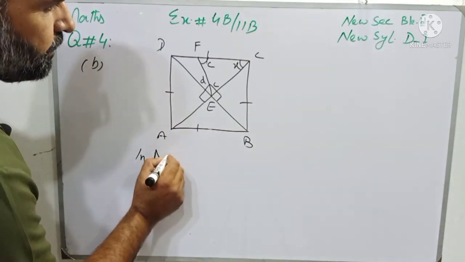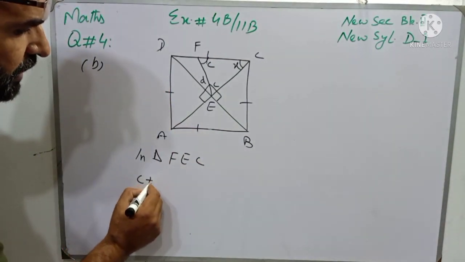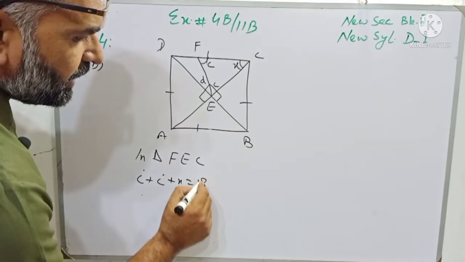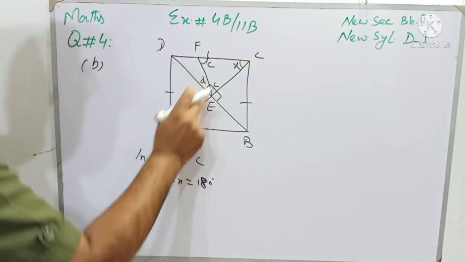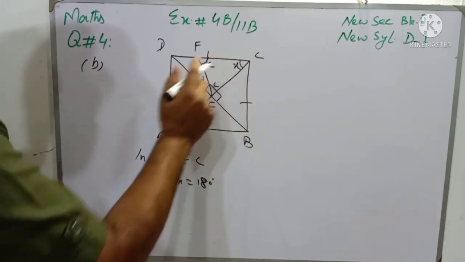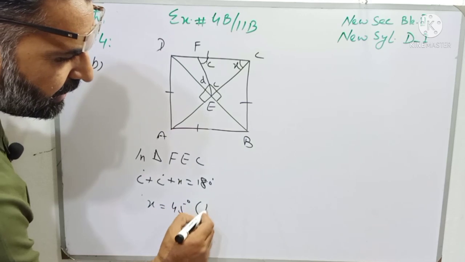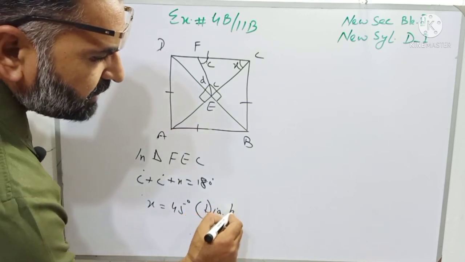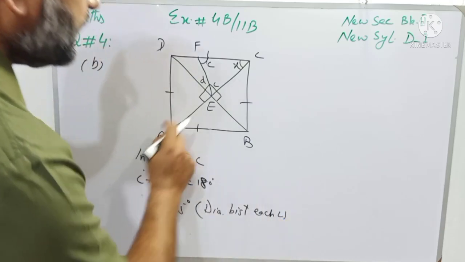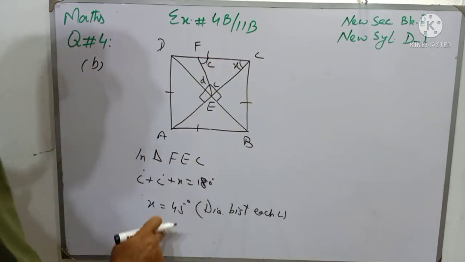In triangle FEC, angle C plus angle C plus X is equal to 180 degrees, and the reason is the sum of angles in a triangle is 180 degrees, and X is 45 degrees because the diagonal bisects each angle.